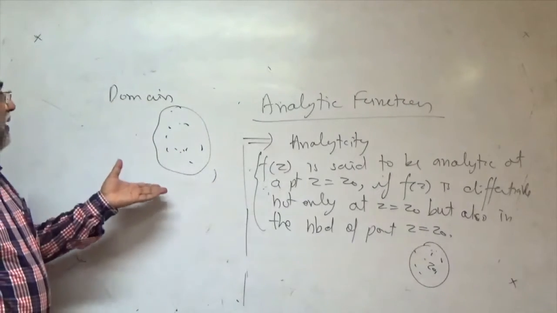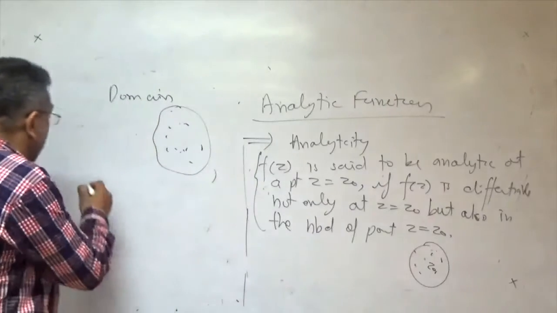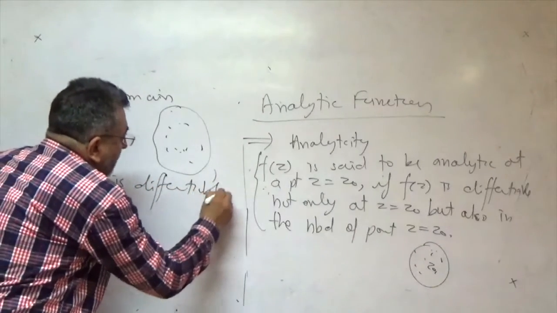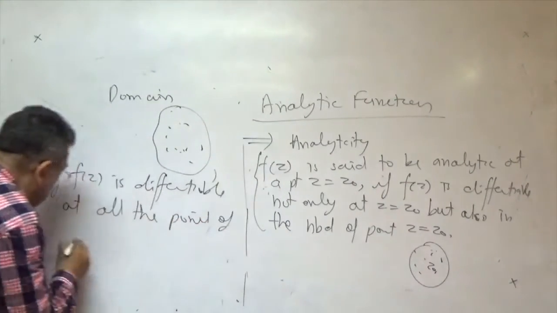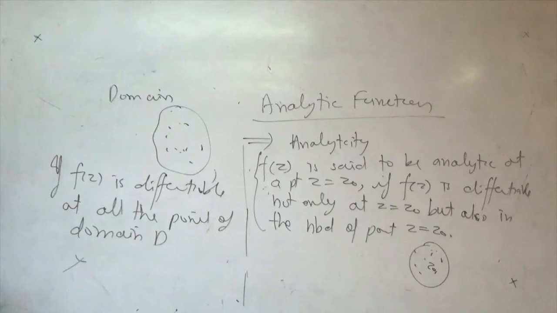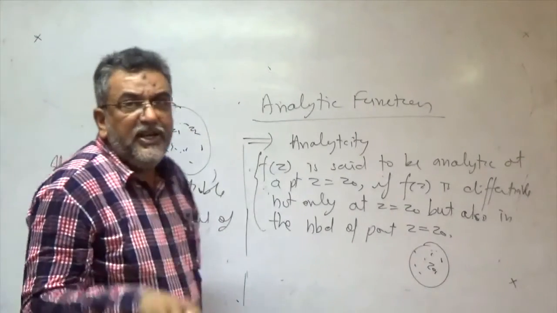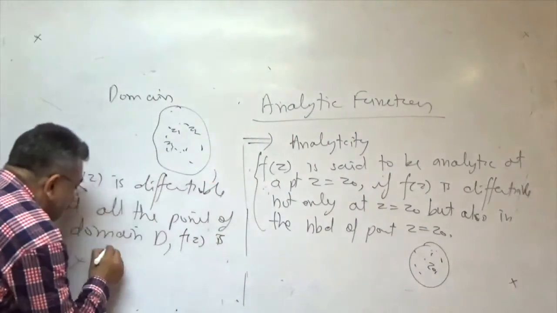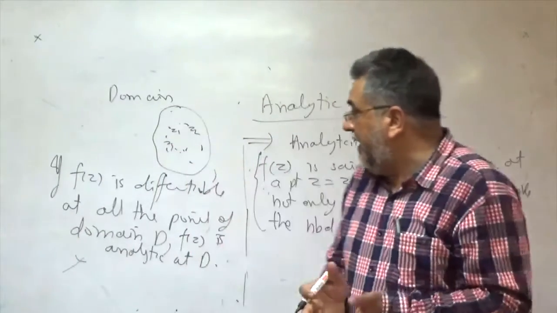If f(z) is differentiable at all the points of domain D, suppose the points are z1, z2, z3 and so on, and f(z) is differentiable at z1, at z2, z3, all the points of the domain, then we say that f(z) is analytic in domain D. This is the definition of analyticity in a particular domain.